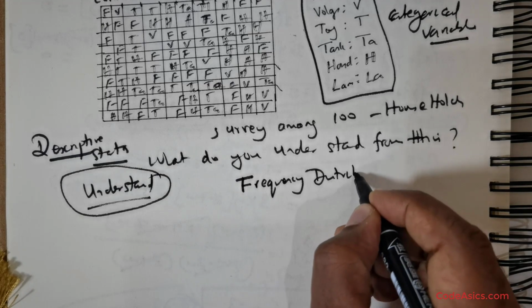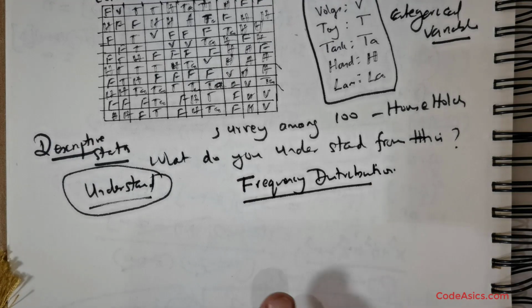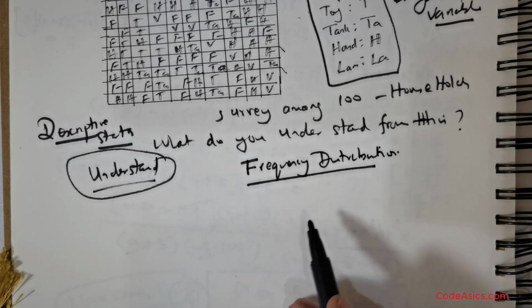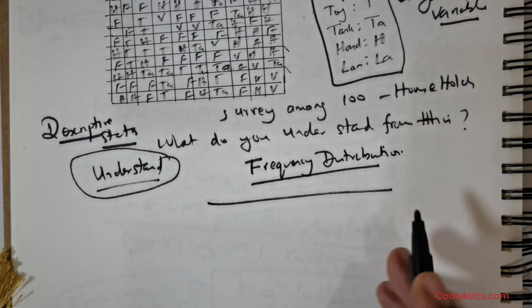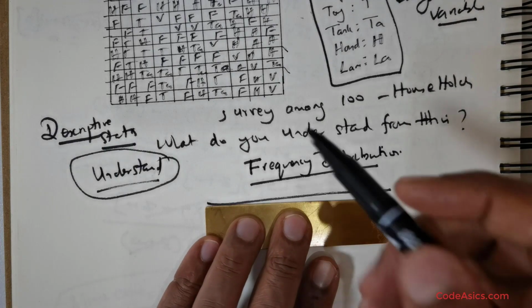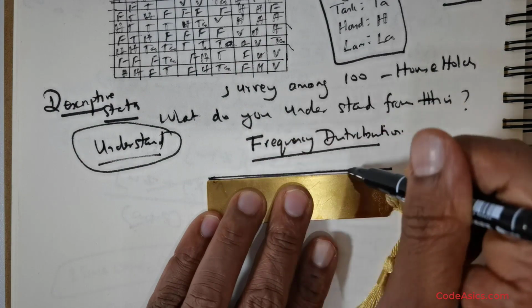Now I'm going to give you an illustration. From this data we need to obtain the frequency distribution. So how do we do that? Foremost we need another table, so let me draw the table.